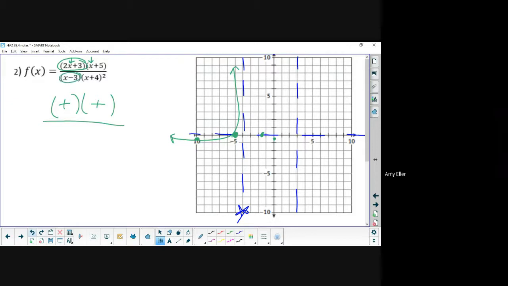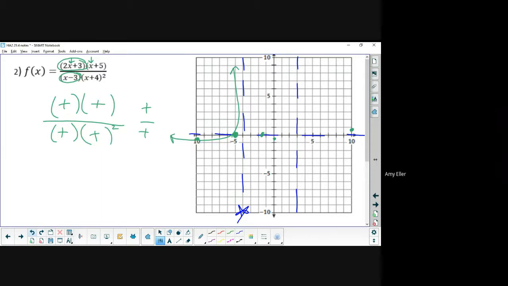Plug in positive 10, be positive. Saves me from calculating an actual number. So the numerator is going to be a positive times a positive, which is positive. Denominator is going to be a positive times a positive times a positive, which is positive. So at 10, I'll have a positive value, an above 0 value.